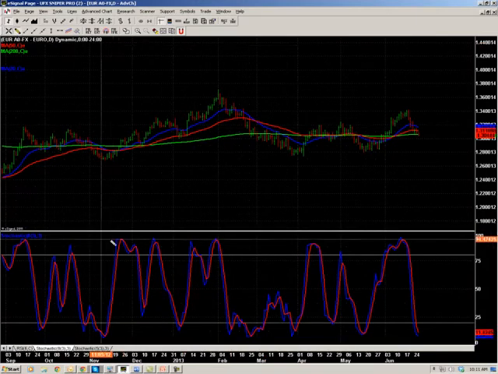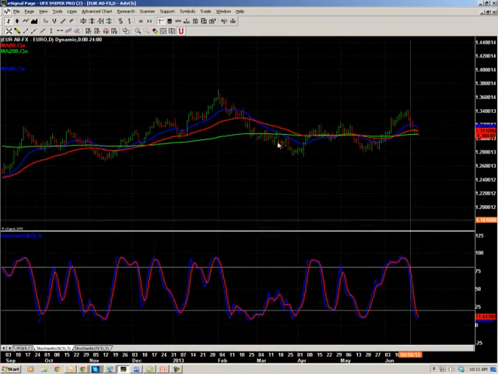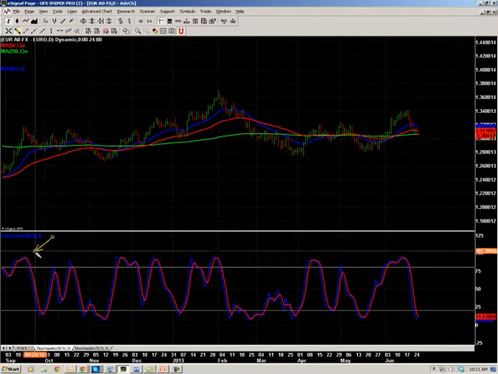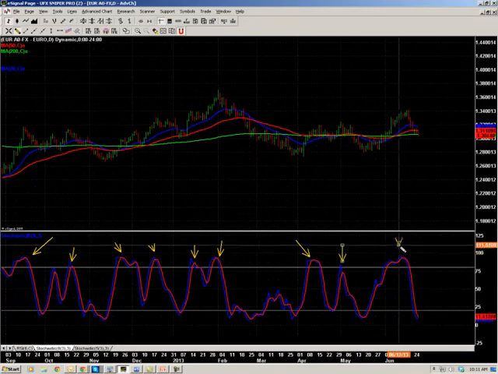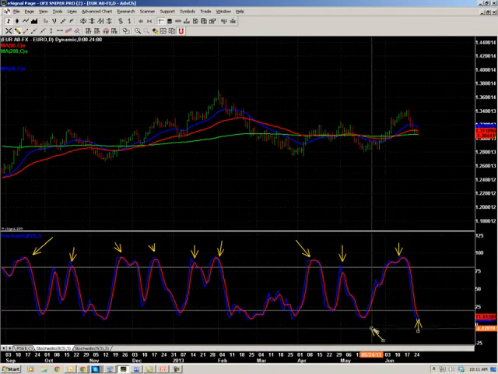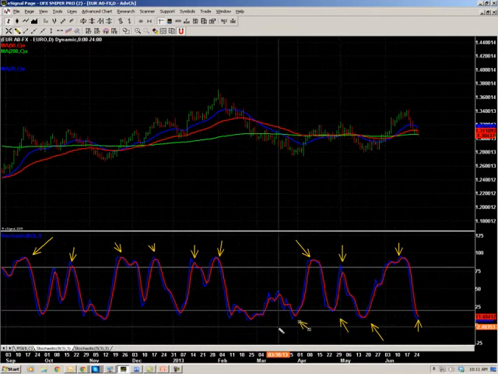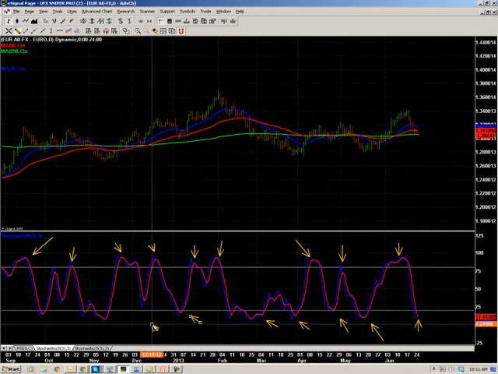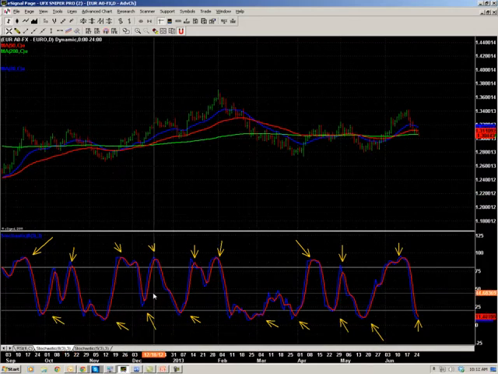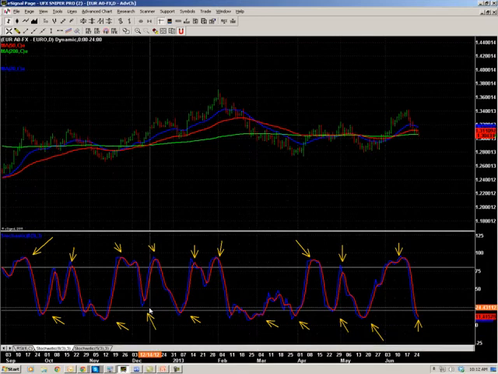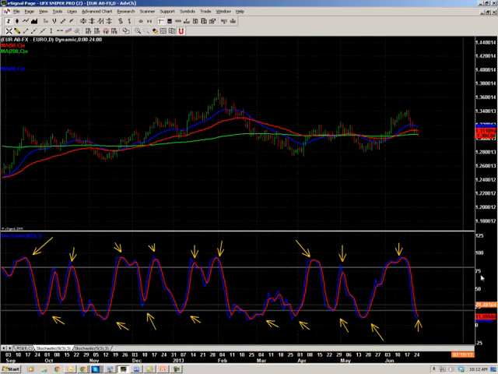So look for turning points up here, and look for turning points down there. Yeah, the overbought and oversold signal. Doesn't matter if it's touching, doesn't matter if it's crossing through, doesn't matter if it didn't quite touch the line, it's the zone. You can use the numbers if you want.